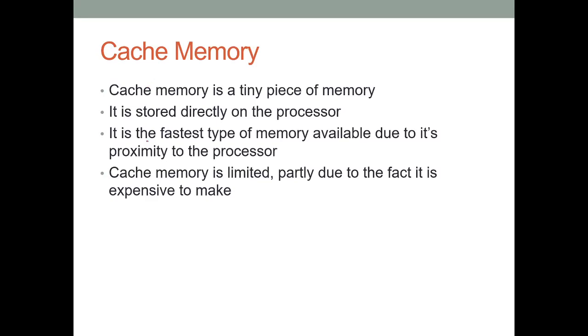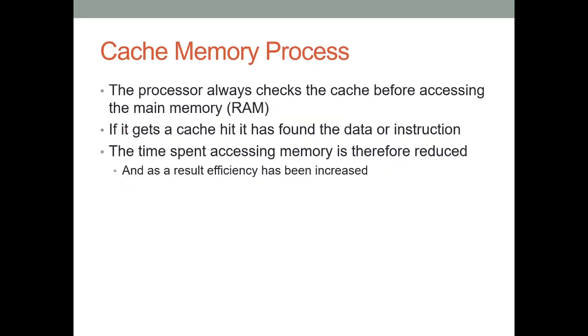So this is fastest just because it's built onto the computer, and the way it works is that the processor, before it even checks RAM or anything, will check the cache memory to see if the data is already there. I've talked about this before. The type of things that are stored in cache memory are, if you go to one website constantly, like YouTube, you'll notice when you boot up YouTube, the layout of YouTube might load up quicker than the actual content on the site.